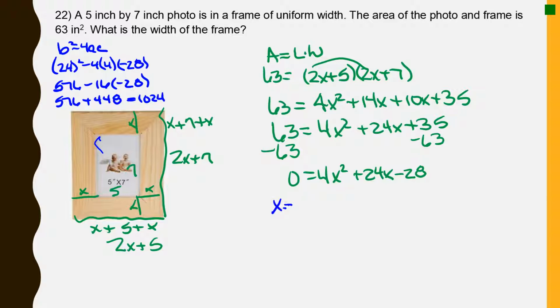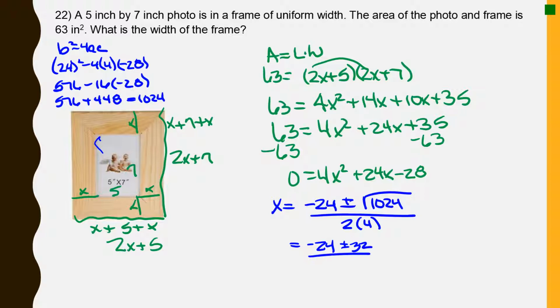So go to the quadratic formula. x is negative 24 plus or minus the square root of 1024 all over 2 times a, which is 2 times 4. Is there a square root of 1024? There sure is. It is 32 all over 8. So we have two answers. We can say it is negative 24 plus 32 all over 8.